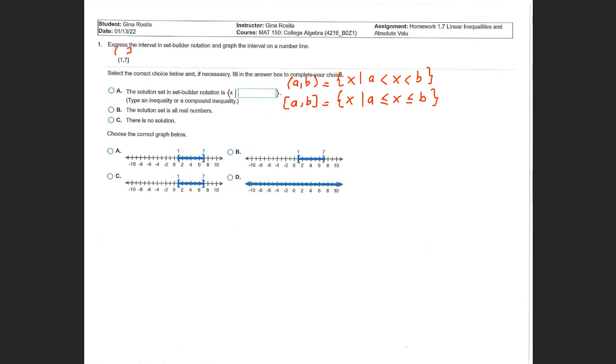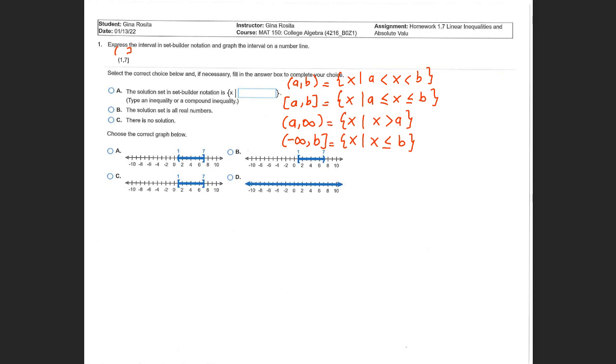So the infinite interval (A, infinity) is the set of all real numbers x such that x greater than A. Another one, the infinite interval (negative infinity, B] is the set of all real numbers x such that x less than or equal to B. This is just for review.